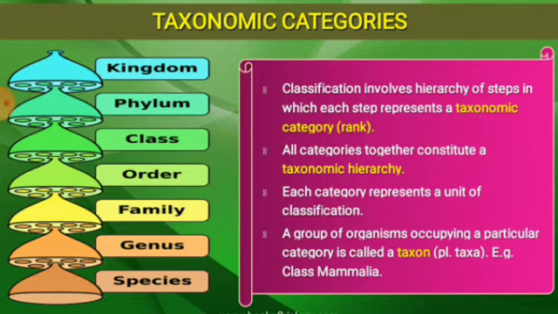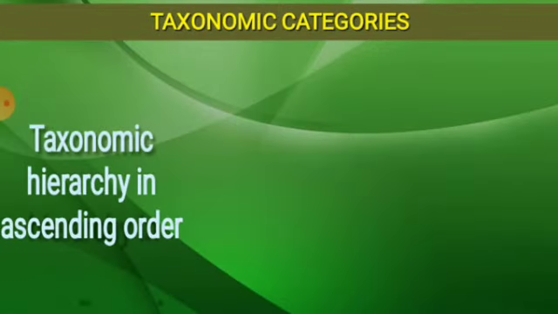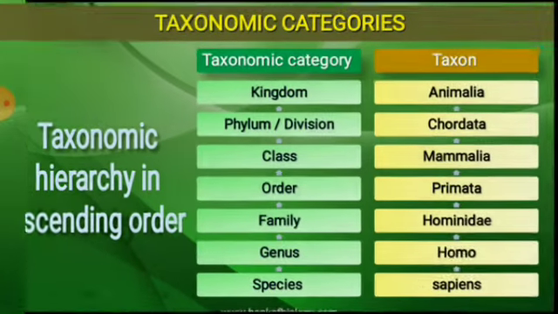But if the organisms are placed in descending order, then the topmost position is occupied by kingdom. Then moving downward, finally we reach the category species. So here we will discuss the taxonomic hierarchy in ascending order, that means from the lowest level to the highest level.